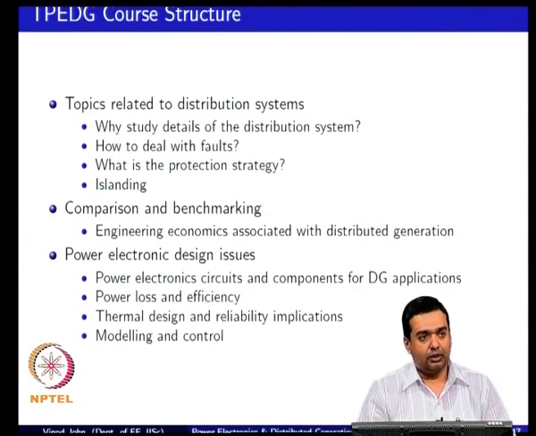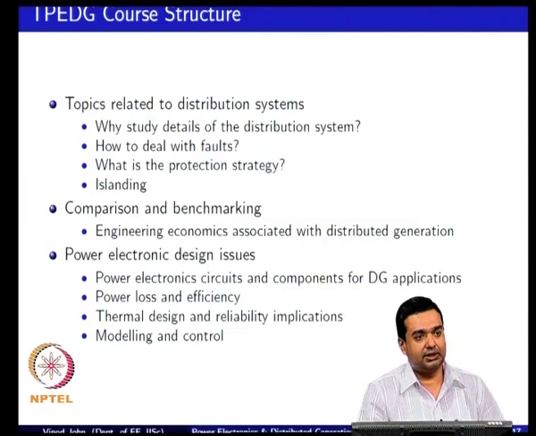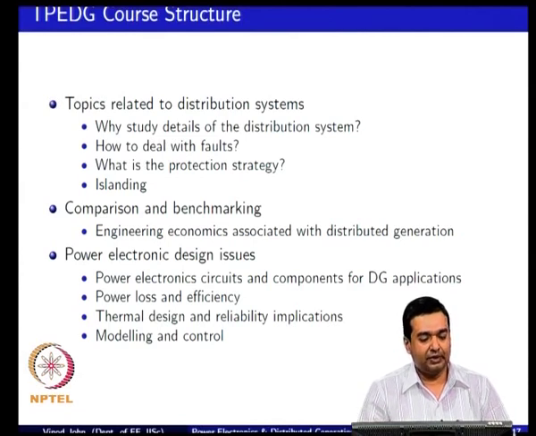And there are many issues on a steady state basis, how large a distributed generation source can be connected with the distribution system. Also transients, such as a big transient is when a fault occurs on the distribution system, and how would your distributed generation source behave in the presence of such transients.